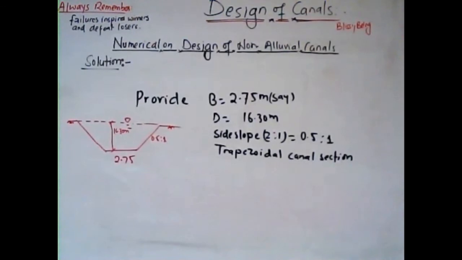Suppose you obtain the base width as 2.75 meters, we have just rounded it up to whole numbers to make it easy. And the depth as 16.30 meters, the side slope Z to 1 as 0.5 to 1, for the trapezoidal canal section. So these are the design considerations that you have obtained from the given data.